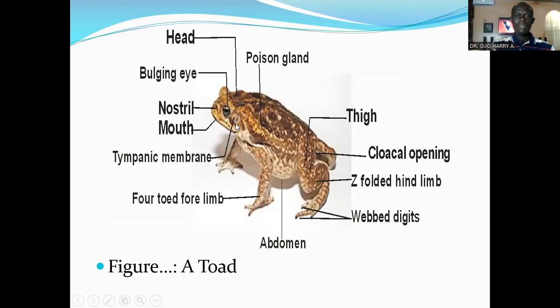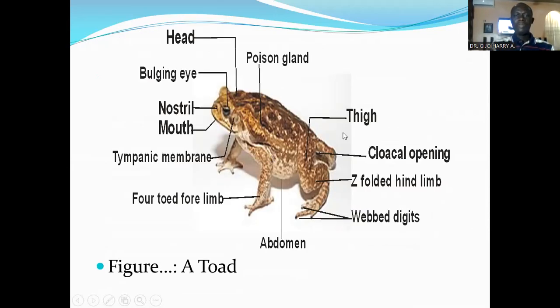The tympanic membrane, which is for hearing, is like a patch of skin on the surface, not a hole leading to the interior. They have webbed digits. These are the forelimbs, which have 4 digits, and then the hind limbs, which have 5 digits.